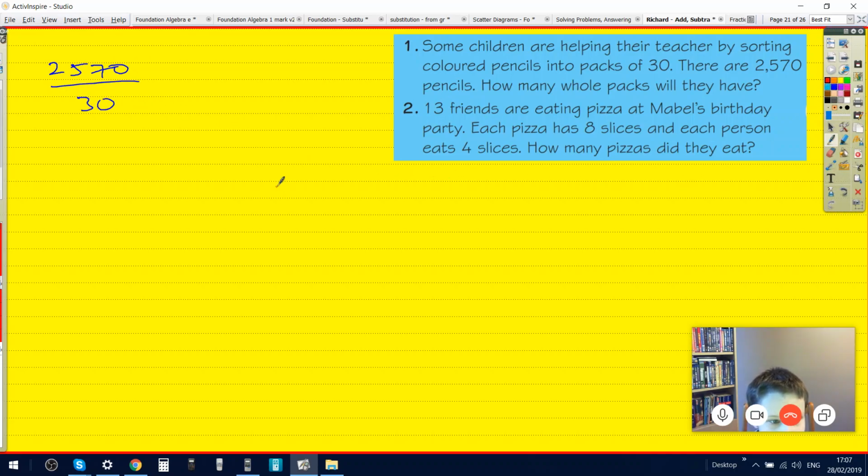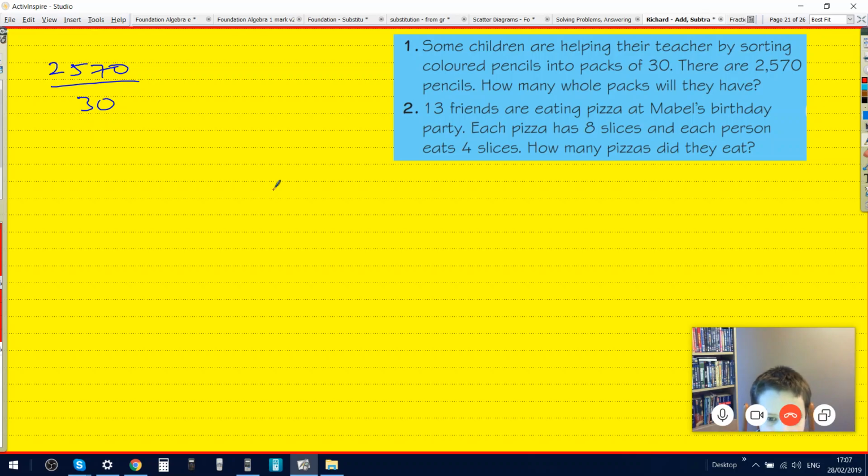Yeah. Is there a number that you can divide both the top and bottom by? Well, you can divide them both by 5, because they both end in 0. They're also both divisible by 10. So that's probably the easiest one to start with.